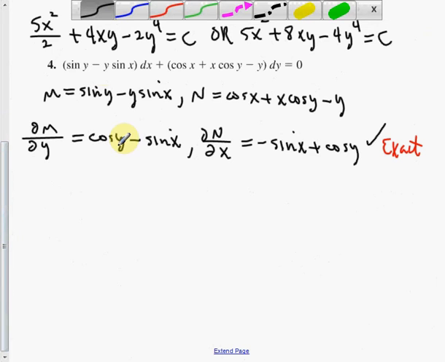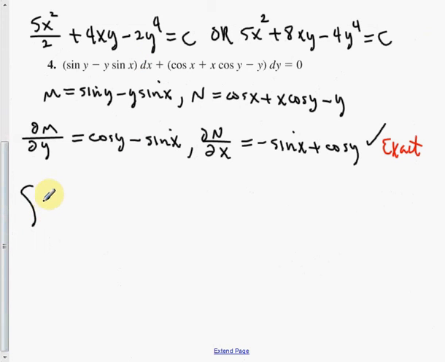So if that's the case, integrate this m dx with respect to dx, plus integrate this other side with respect to y.